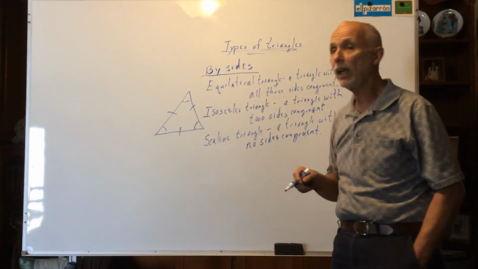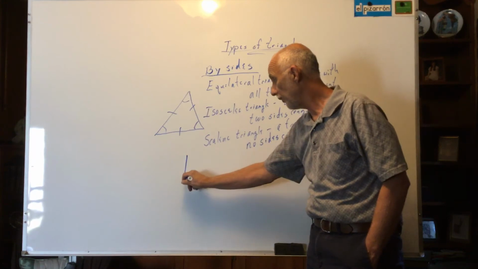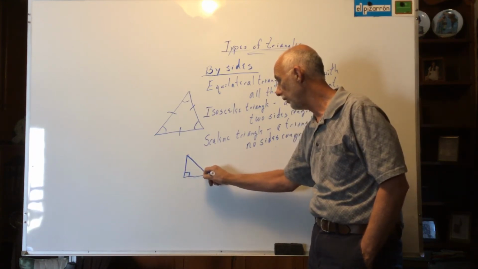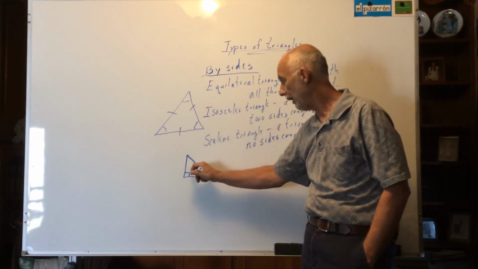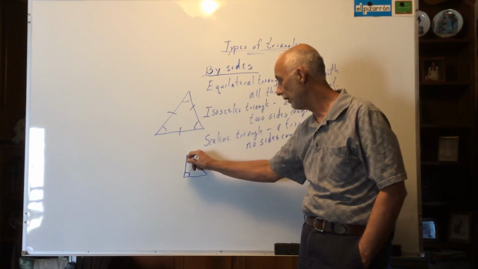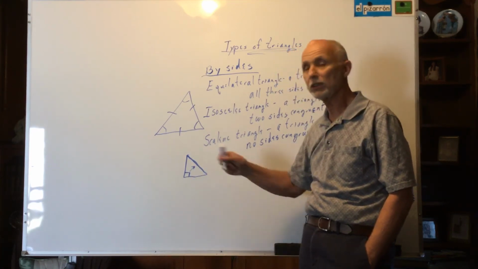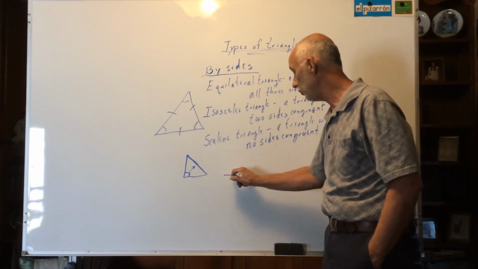As a matter of fact, you cannot draw a right equilateral triangle because if you have a right angle and you connect it to make a triangle, one side is always longer than the other two, and that would be the side opposite the 90-degree angle. And again, it can't be equilateral if one side is longer than the other two. The same thing's true about an obtuse triangle.